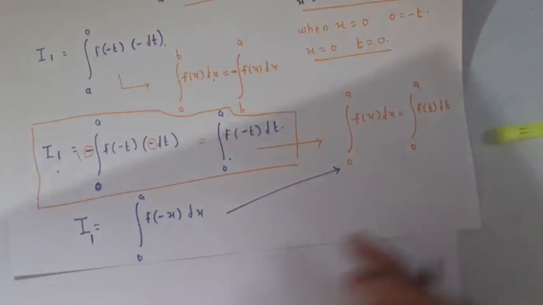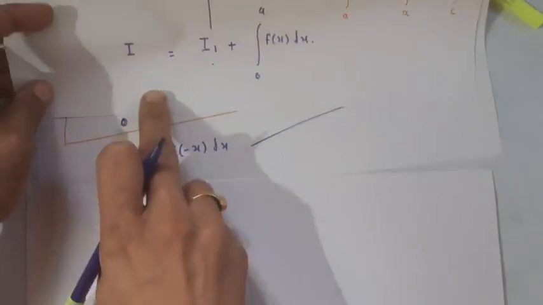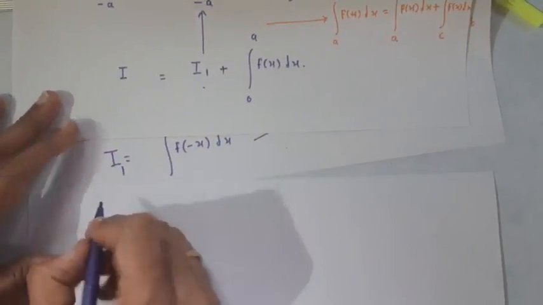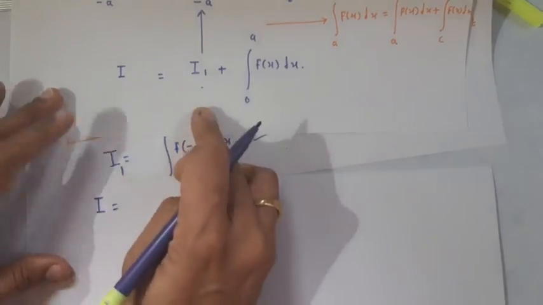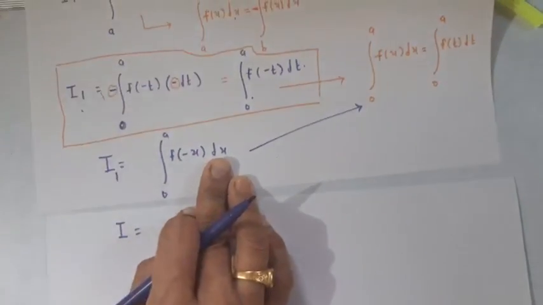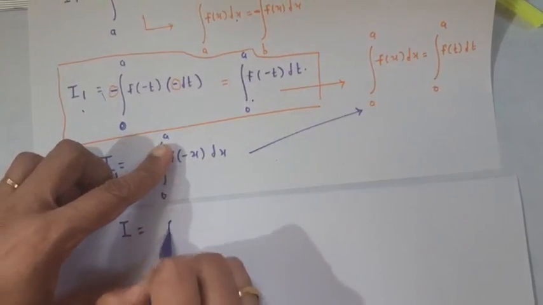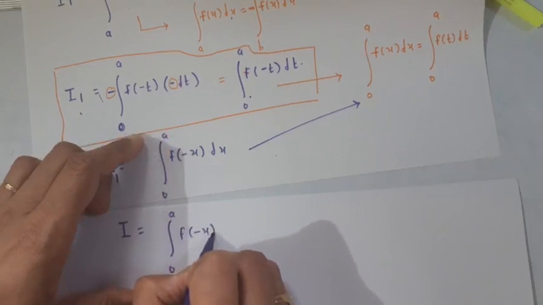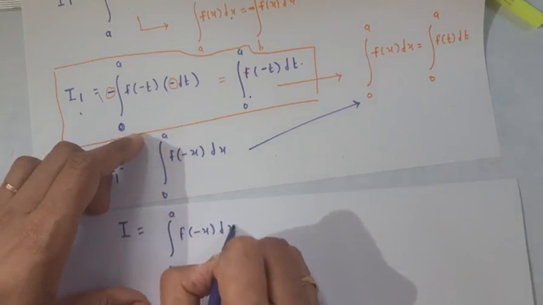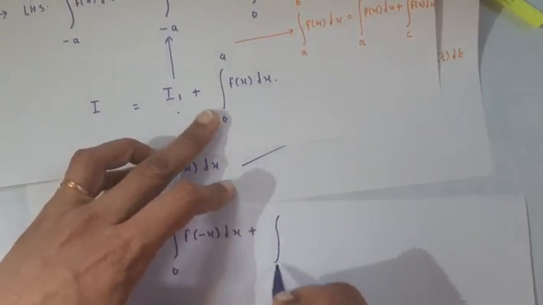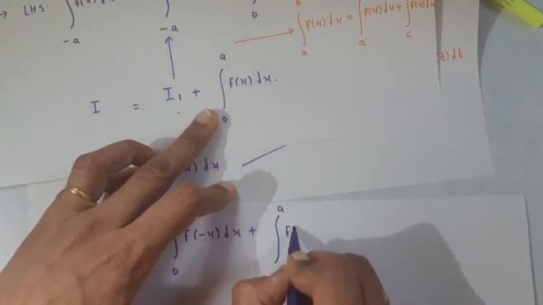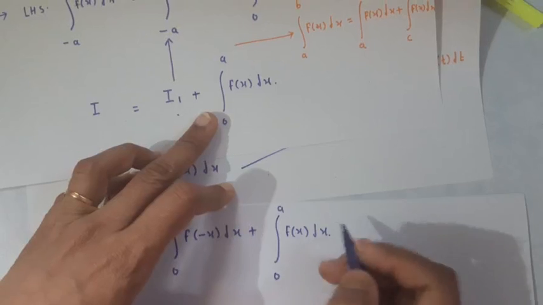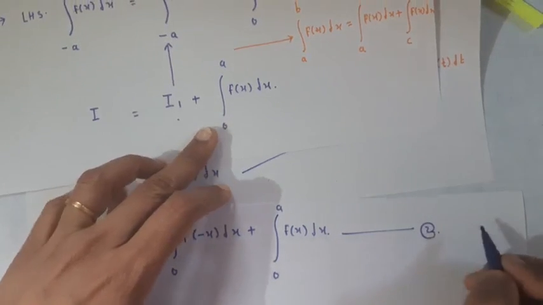Okay, now put the value of I1 in I. So here I equal to I1, that is 0 to a f of minus x with respect to x, plus I1, another, that is 0 to a f of x with respect to x, and this is 2.